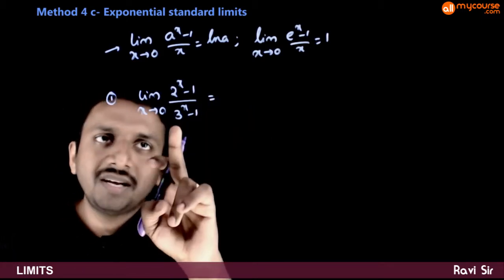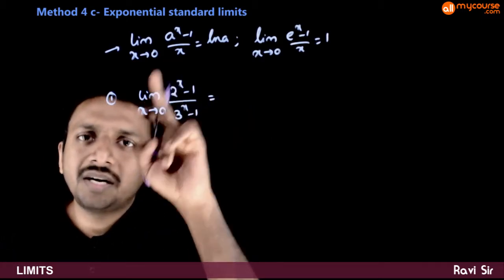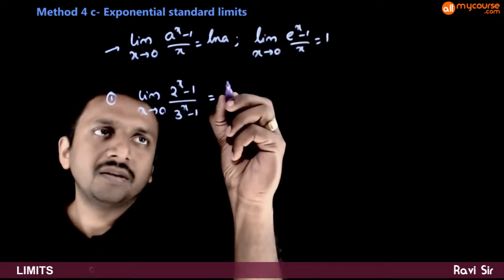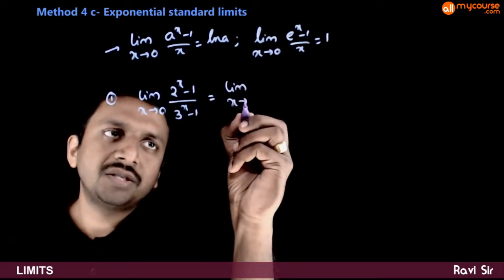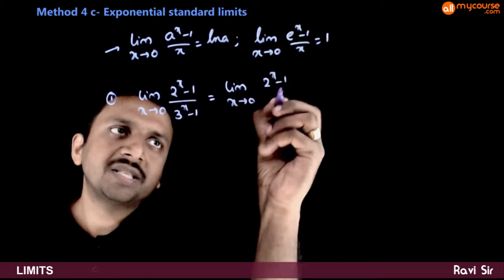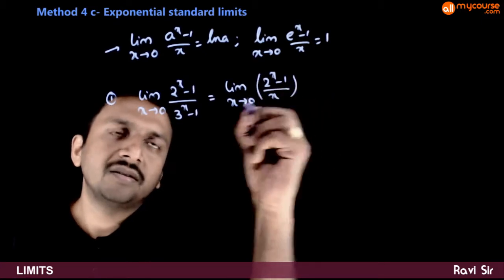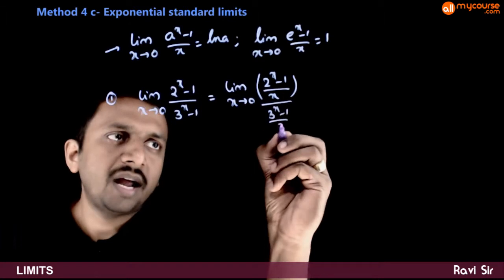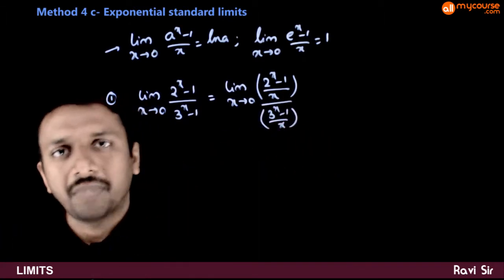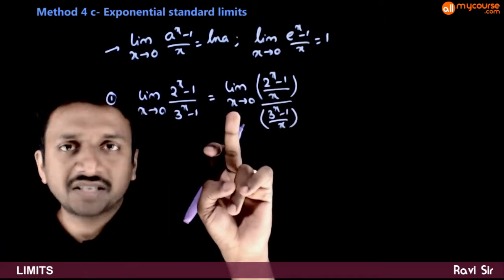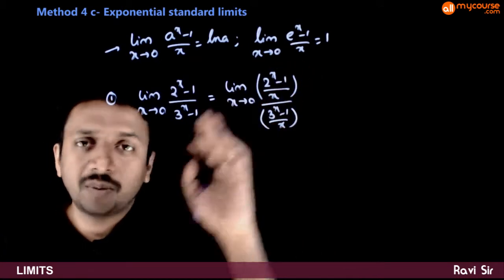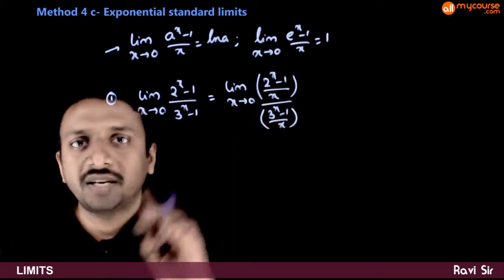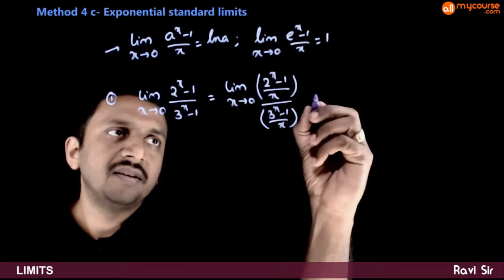As you can very clearly see, this is very closely related to this formula. So what I do is, limit x tends to 0, I'll divide both the numerator and denominator by x. So limit x tends to 0, ((2^x - 1)/x) / ((3^x - 1)/x).